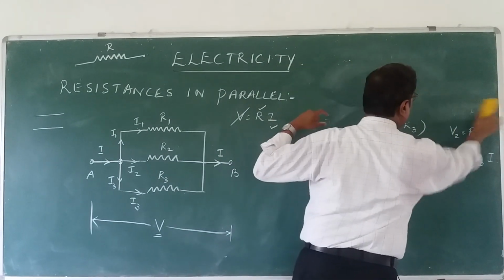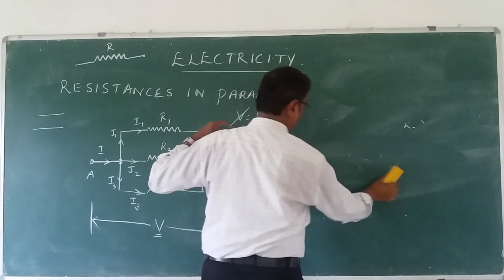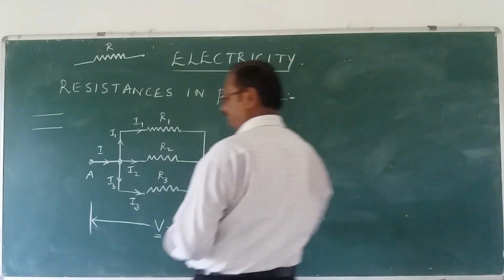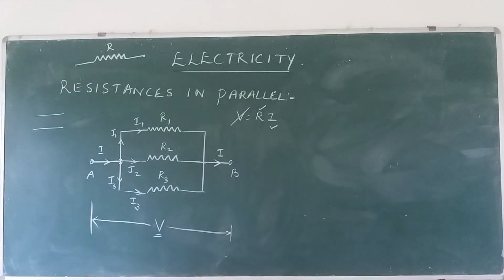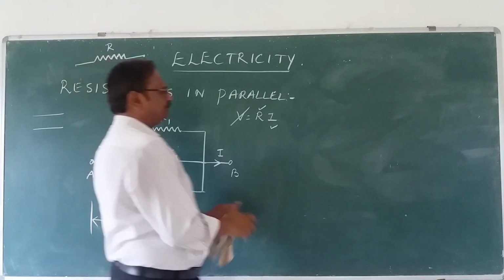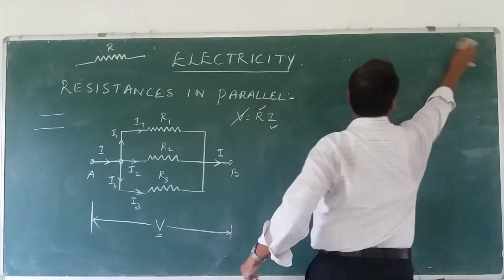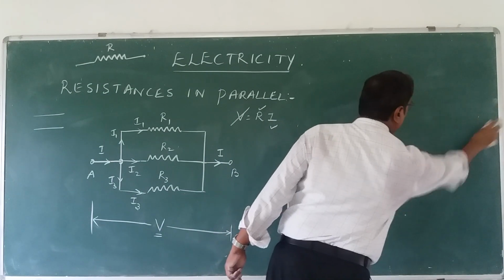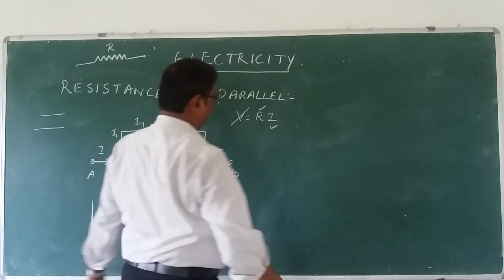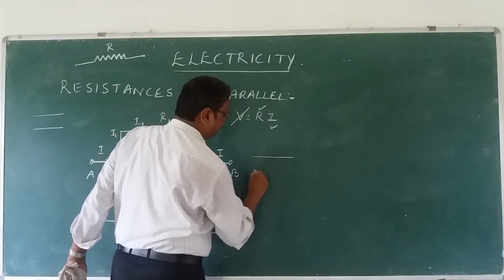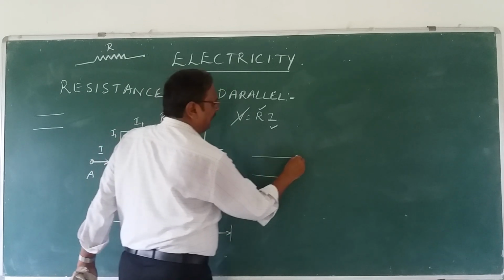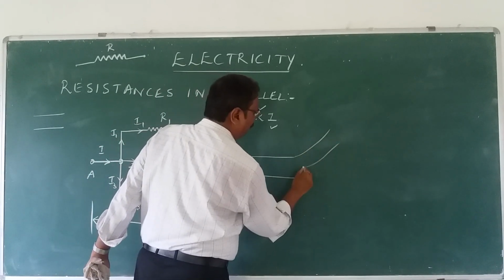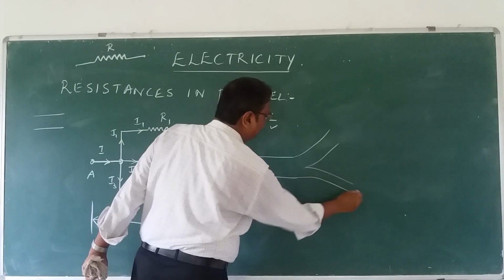I can give you a simple example of this idea of parallel resistors. Imagine there is a river and it divides into tributaries. Fine?